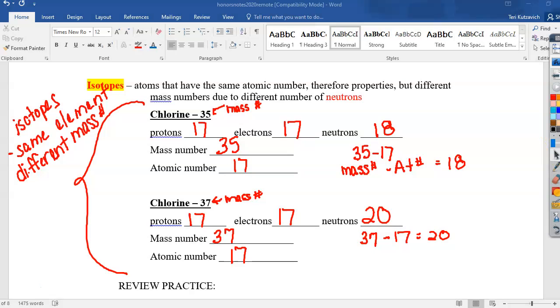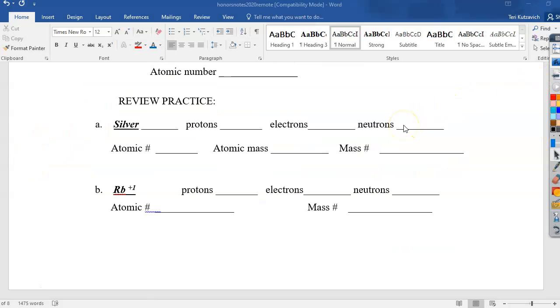Let's move down and on to some practice. So these are a little bit mixed up. So you don't know if you have an isotope, an ion, cation, anion, etc. Silver's atomic number is 47. Silver is Ag. This is neutral. I don't see any positive or negative, so that means I have 47 protons and 47 electrons. The atomic mass is 107.87.